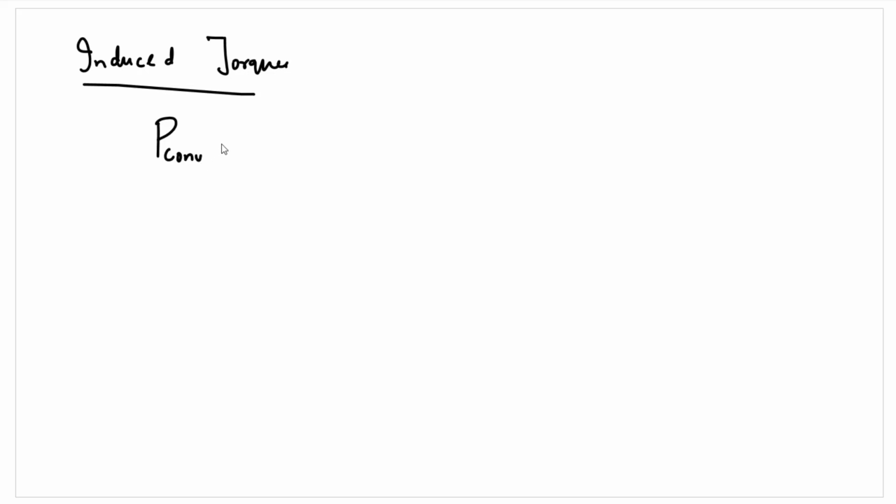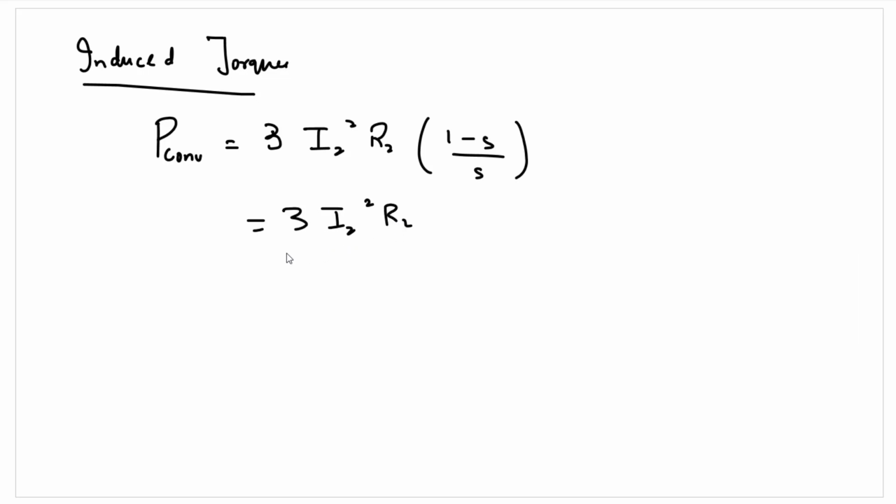We have already calculated that P converted is equal to thrice I2 square R2 times (1 minus S) by S, where thrice I2 square R2 by S can be written as the air gap power that we already know. So P converted is (1 minus S) times PAG.